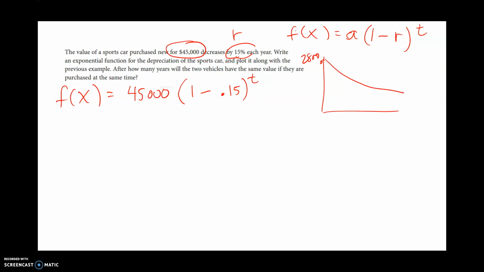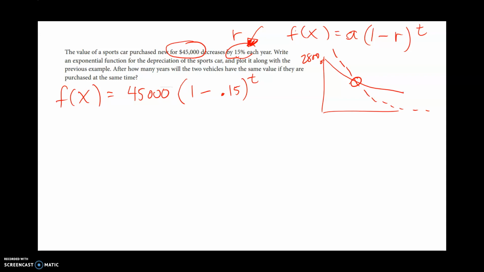But I'm going to come over here and graph this second equation, 45,000. And this is what I'm going to get. Now, it started at a much higher value. So this graph is coming in, boom, boom, boom, something like this, right? Because it depreciated much faster. So they're the same value right here.